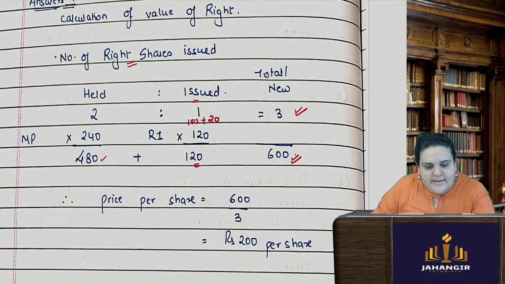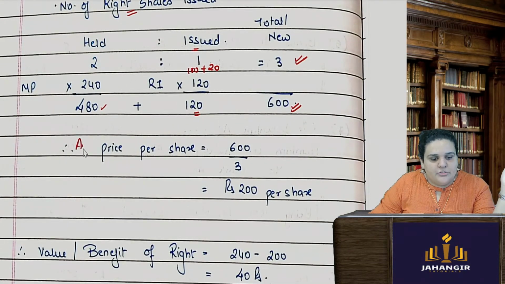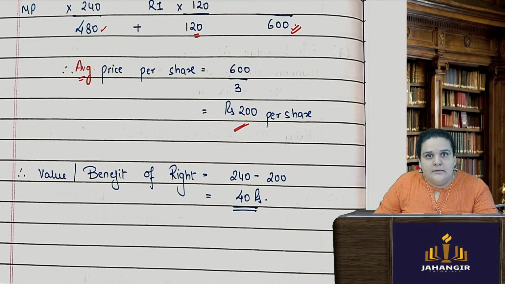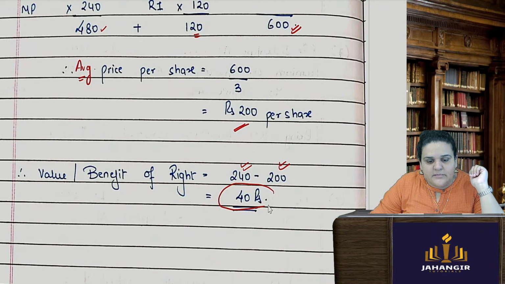So my average price per share is 600 divided by 3, rupees 200. And in the market the price of this share is 240. My average price of the share is 200. So the value of right is 40 rupees.